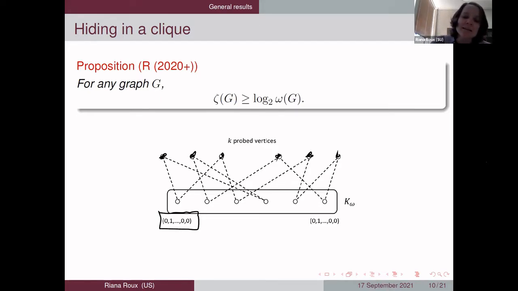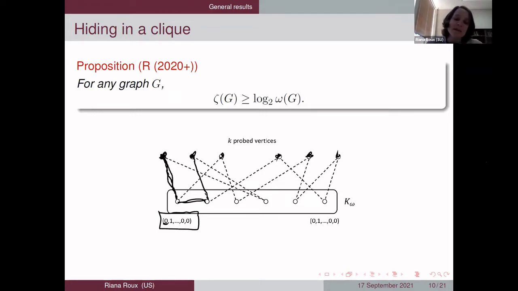Let's say that this probe vertex is adjacent to a vertex in the clique. If that happens, we're going to give it a value of 0. If it's not adjacent, then we know it would be of distance 2 away from that probe, because if we can find one where it is adjacent, then there is an edge between that vertex and any other vertex in the clique. So a 0 when it is adjacent, and a 1 when it's not adjacent.